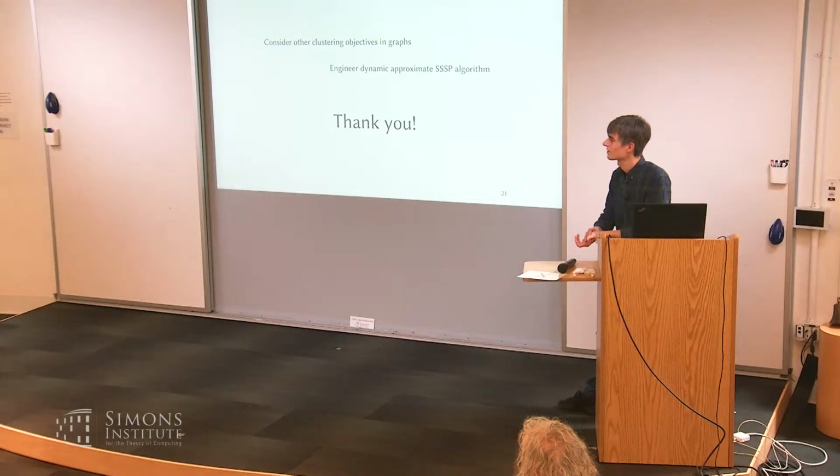Thanks. This is about the worse approximation. About 5 years ago, we had this paper with Monica and Nicole and others, and we considered the one center problem, so diameter and radius in graphs. And we looked at the dynamic version.